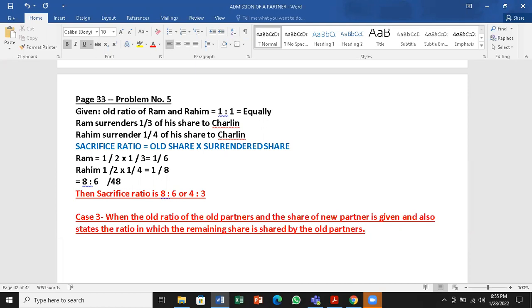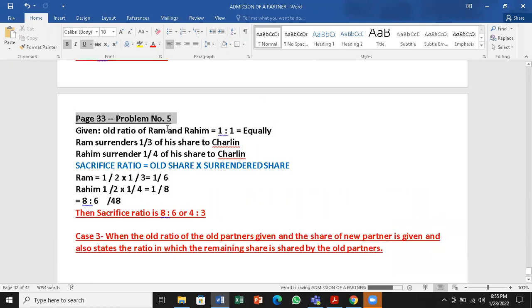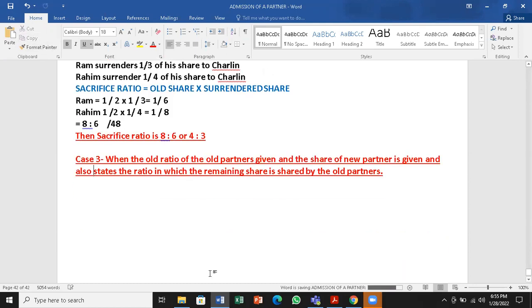This is the situation. Please understand carefully and try to analyze the problem given therein. So there are three things therein.